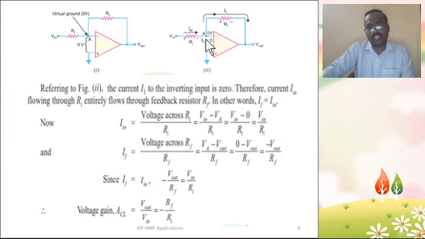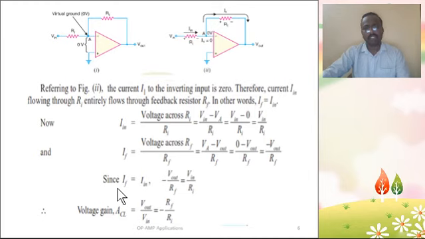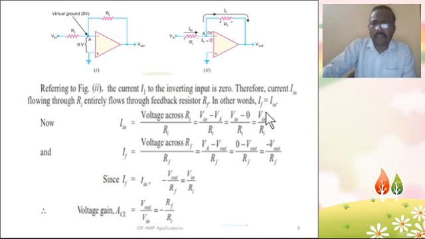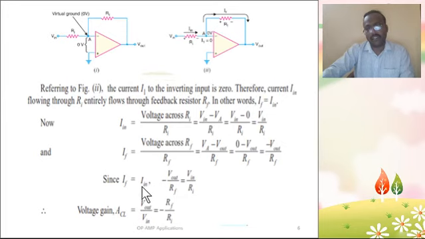So what we get is minus Vout divided by RF. The minus indicates negative feedback. As already told, feedback current is equal to input current, so IF equals Iin. What is IF? IF equals minus Vout divided by RF. It is equal to the input current, Vin by Ri.